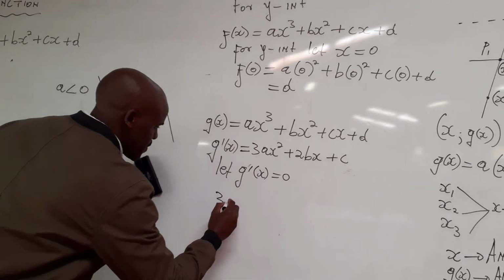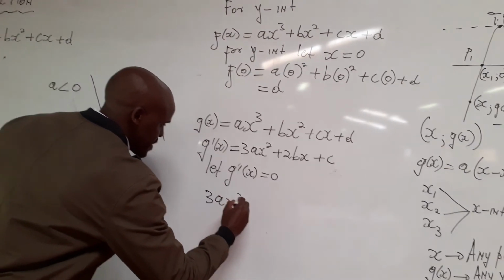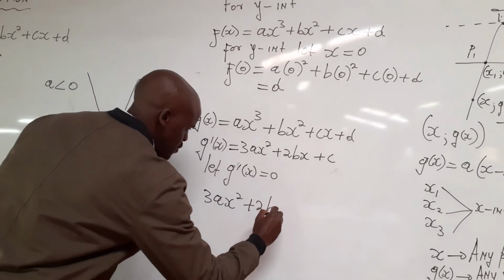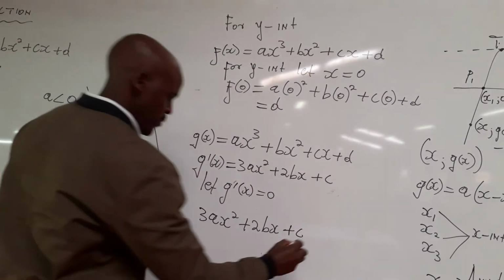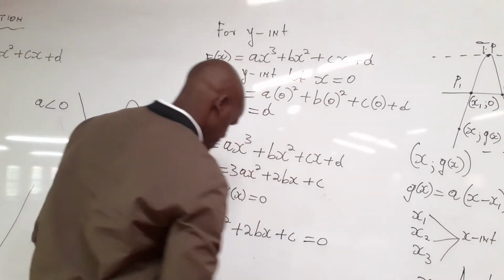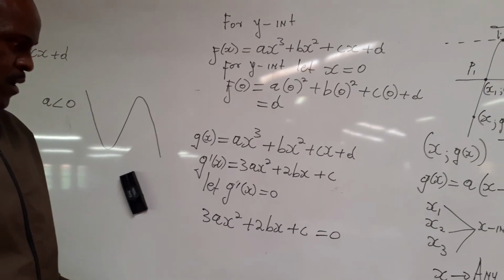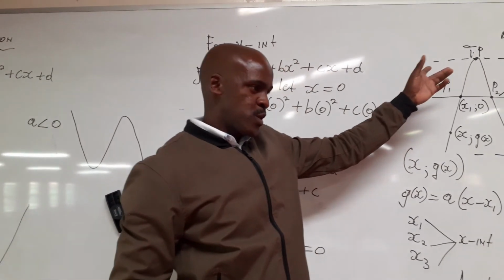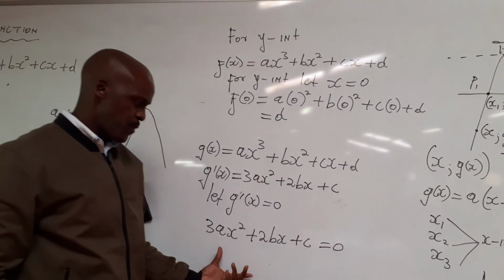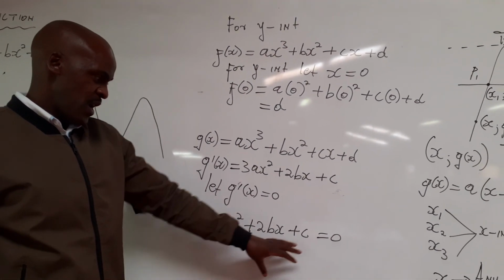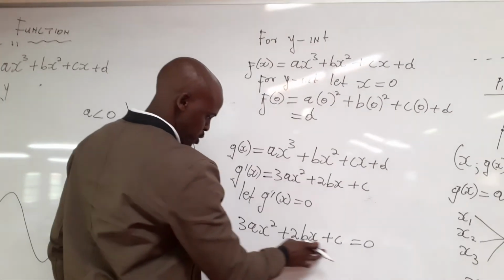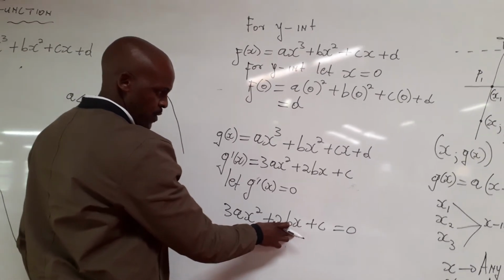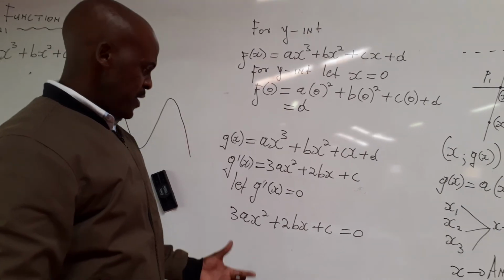So 3ax squared plus 2bx plus c will be equal to 0 at that point. So now you can solve for x after letting that gradient be 0, because you only have x now.